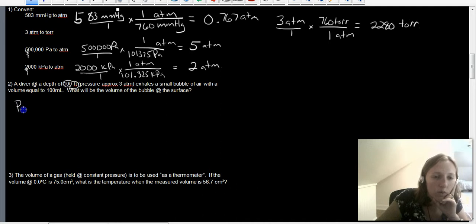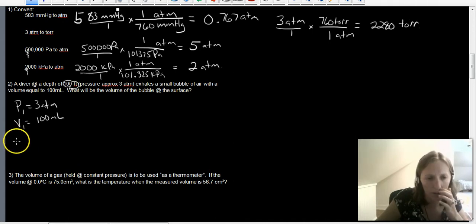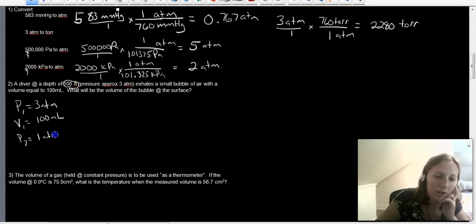All right, pressure 1 is 3 atmospheres. Volume 1 is 100 milliliters. What will the volume be at the surface? There's only 2 numbers. It's true, but the surface of presumably the ocean, should have said that, is 1 atmosphere. So pressure 2 is 1 atmosphere at sea level there.